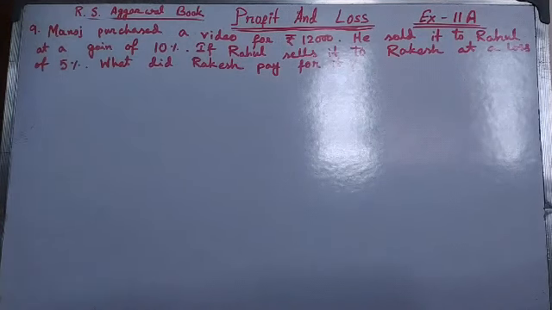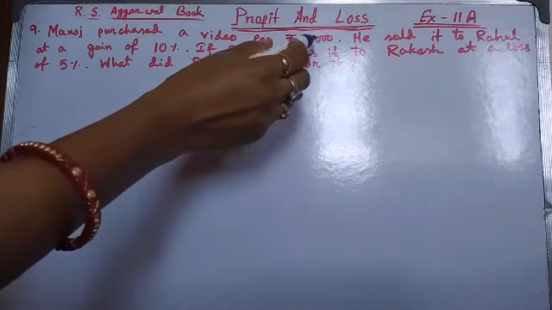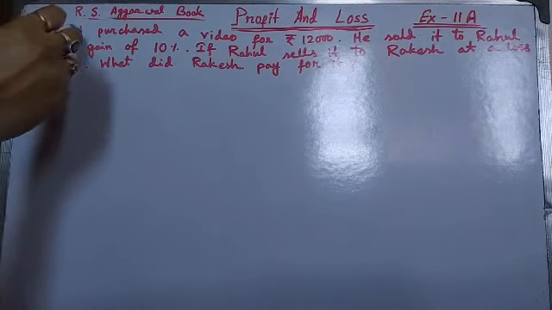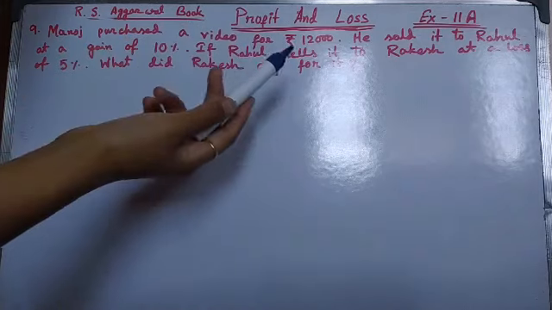Now question number 9. Manoj purchased a video for rupees 12,000. He sold it to Rahul at a gain of 10%. If Rahul sells it to Rakesh at a loss of 5%, what did Rakesh pay for it? So first of all, this is the CP for Manoj.